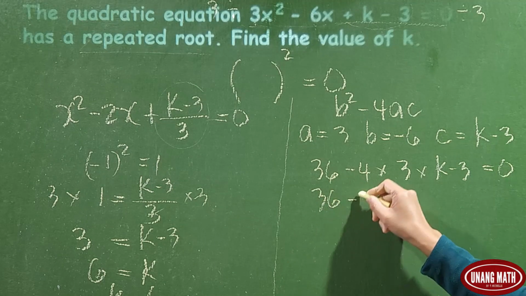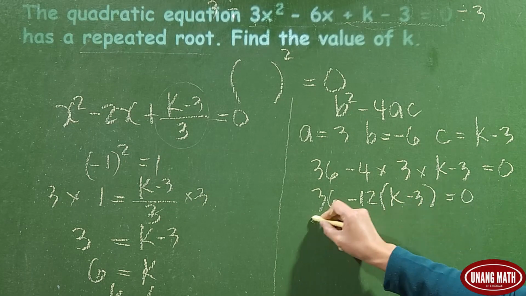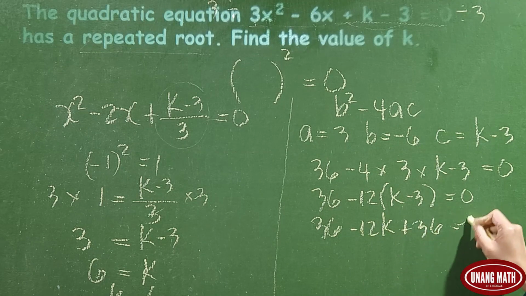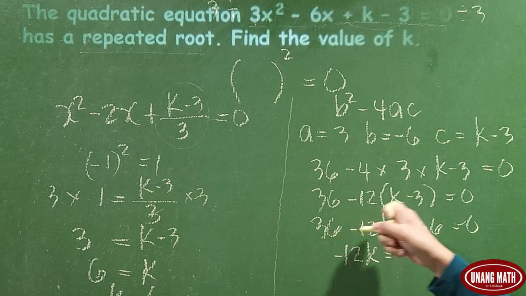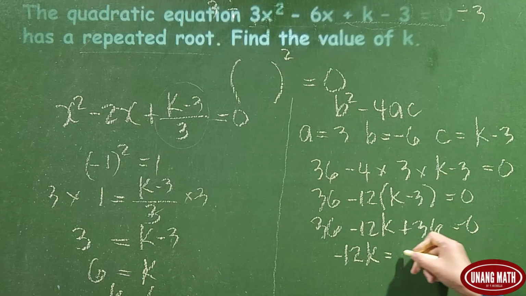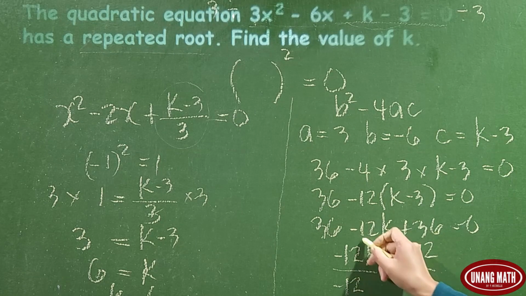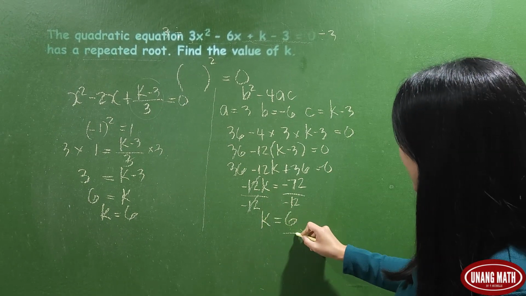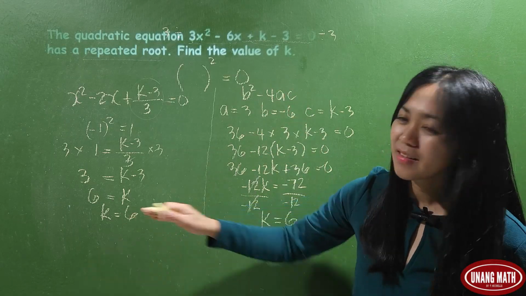So 36 minus 12 times k minus 3 is 0. So we have 36 minus 12k plus 36, and this is 0. Now negative 12k is here. Move 36 plus 36, which is 72, to the other side, so negative 72. And finally, to find k, we divide both sides by negative 12. So k is 6. So the value of k is 6.